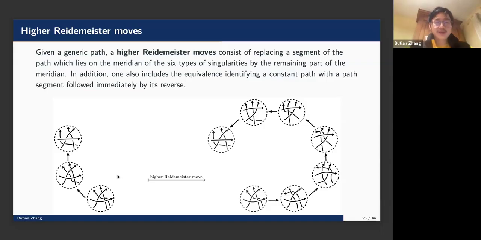Since we have fewer singularities, our method might not give an invariant for two-dimensional knots, because it might not satisfy the extra singularity conditions, the extra movie moves.